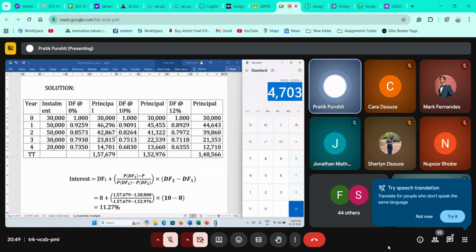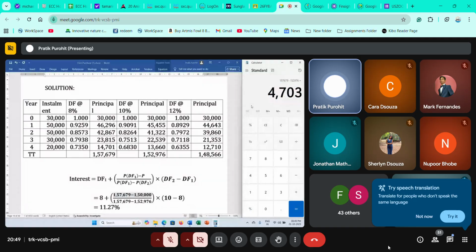4703. Correct? But my starting point is 157,679. So if 2% will change it by 4703, how much percent should I change to get a change of 7679, because I need to bring this down to 150,000. So I compare this 157,679 with your 1,50,000.